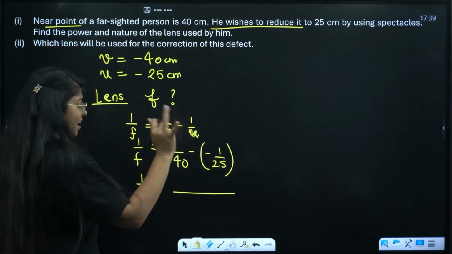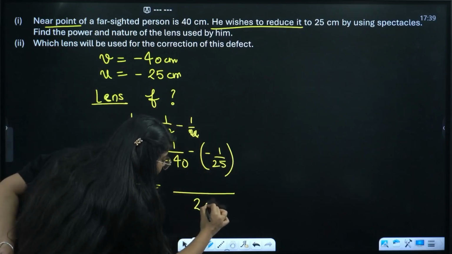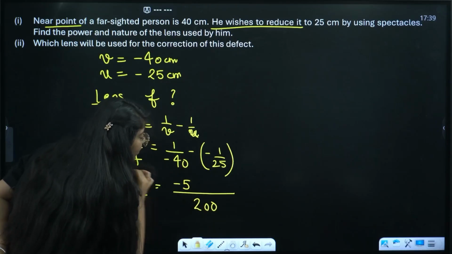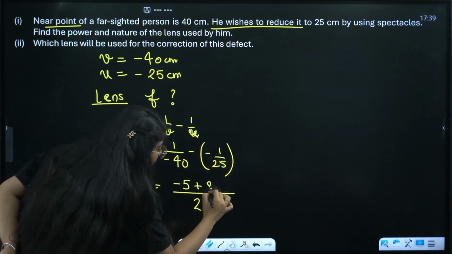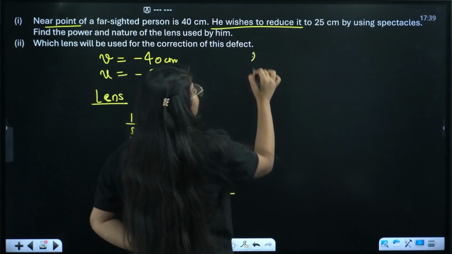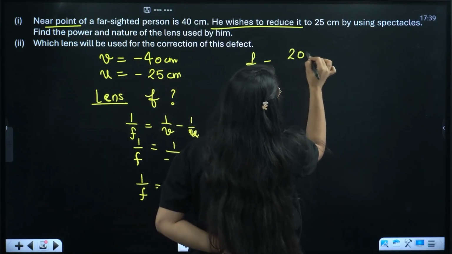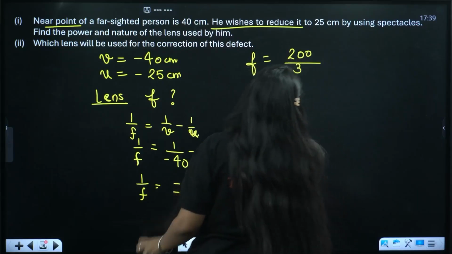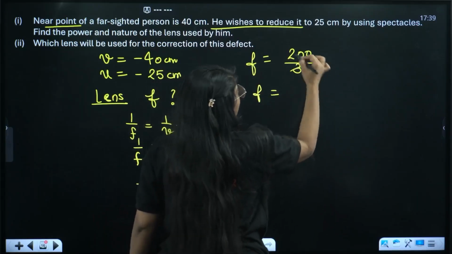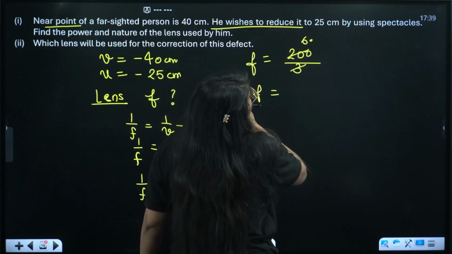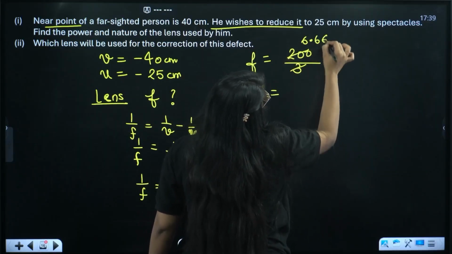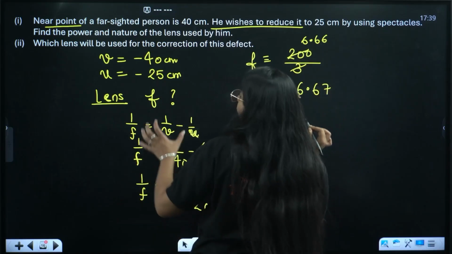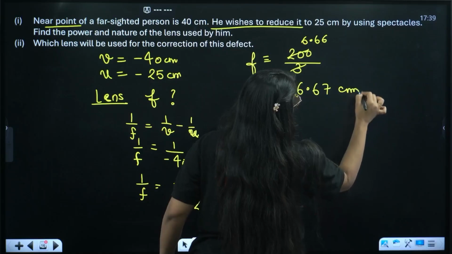So 200 is the safe bet. Minus 5 plus 8. So focal length will be 200 divided by 8 minus 5, that is 3, right? So focal length is simply 6.67, but this is in centimeters.